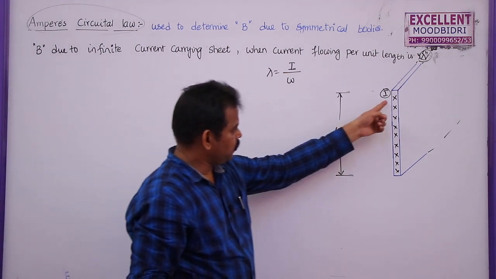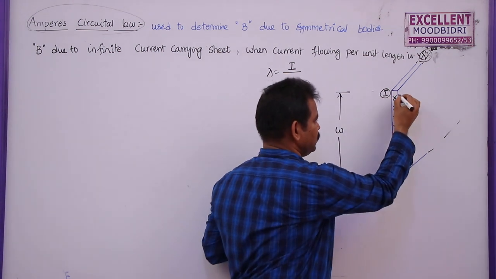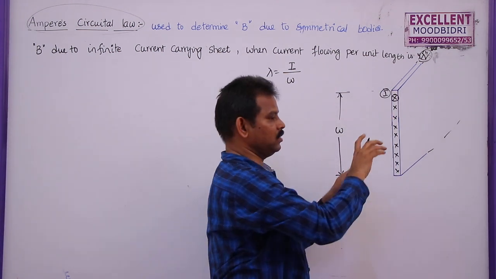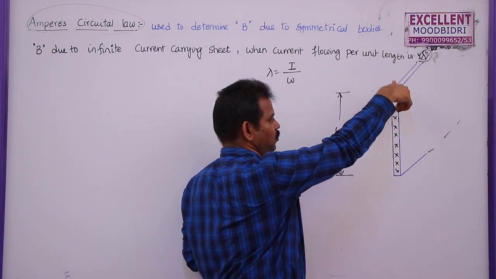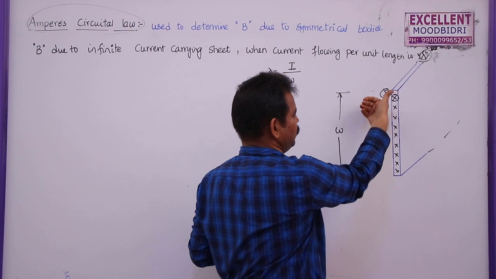Now, if you take this first current, only this current which is entering into this one, when the current is entering into this board, the field in this direction is downwards, but here the field in this direction is upwards.